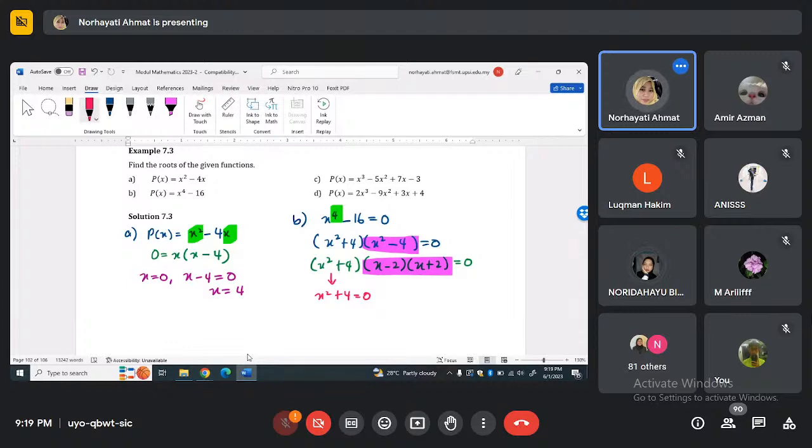Square root of negative 4. Bagus. Okay. So kita ada, ini semua dalam complex number. Hari tu dah test, dah tanya dalam test. Suppose you know how to get the value. So, x square equals to negative 4. And then, x is equal to plus minus square root of negative 4.